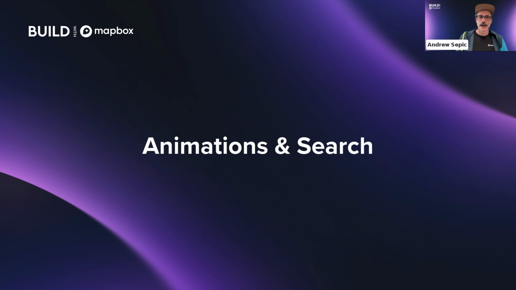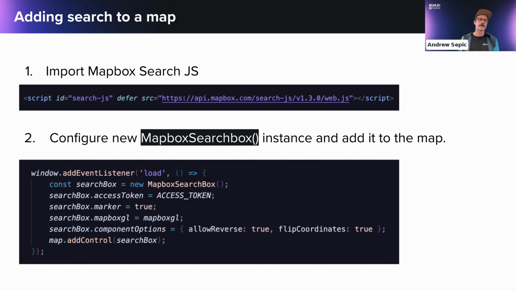Okay. Last thing to cover here, we've got our search SDK. So to add search to your map, it's fairly straightforward using Mapbox Search JS. This is our default web SDK. We're essentially going to add a new script at the top to import search.js. And then we're going to add a window addEventListener event, and it's going to instantiate a new search box.